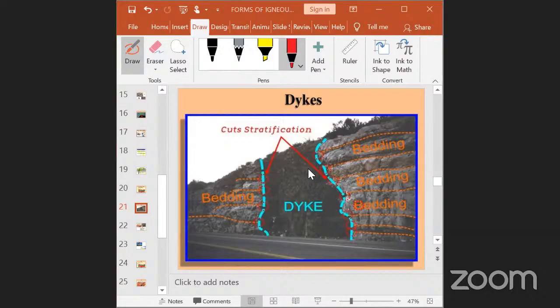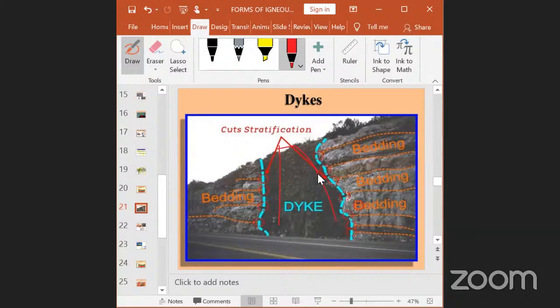Dikes and sills are the most common forms of igneous rocks. Dikes are the discordant type, and are sheet-like, vertical or steeply inclined intrusive igneous bodies.